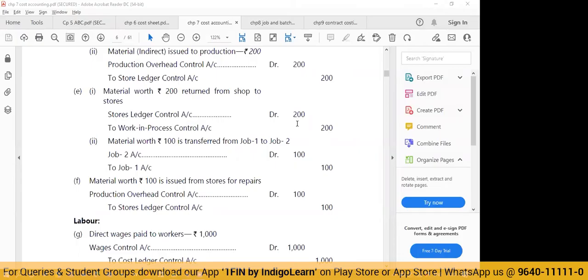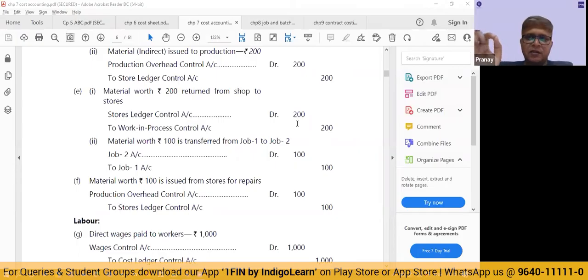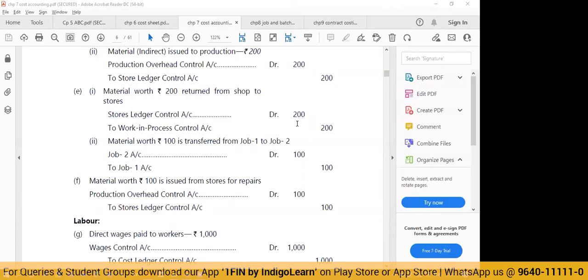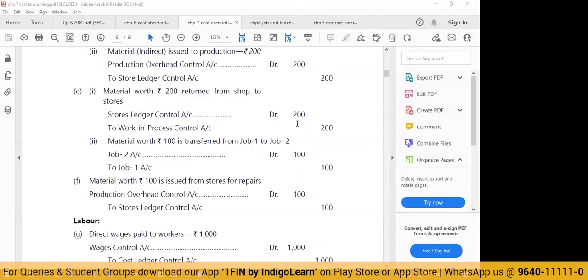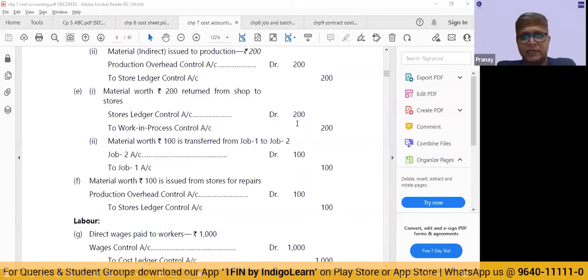See, fixed overhead recovery rate is nothing but the rate of absorption. You're absorbing, you're recovering. These are interchangeable terms. If we talk about ABC, ABC is also nothing but a way of recovering overheads. So these are all the same.